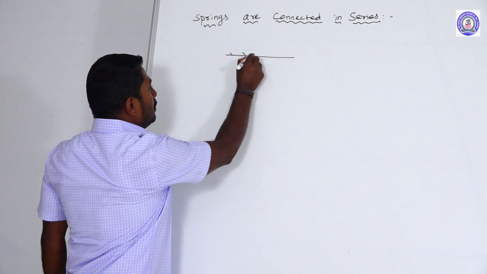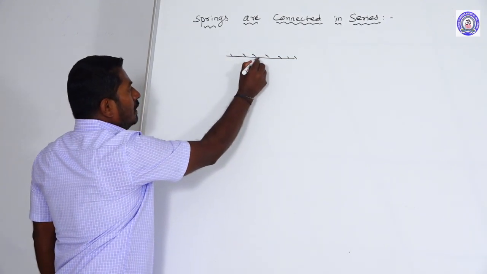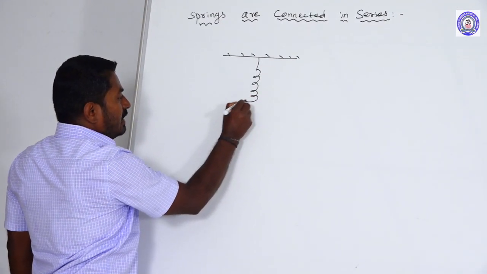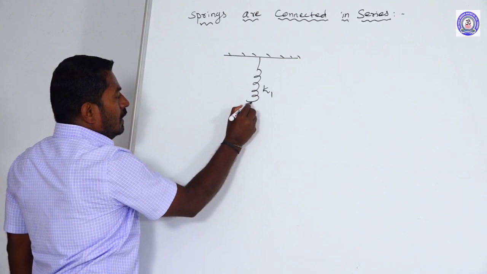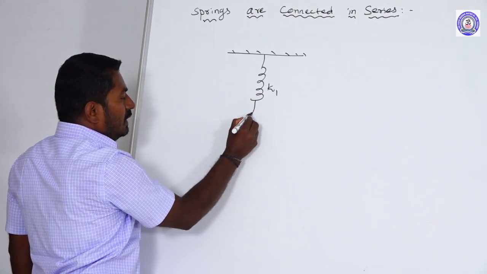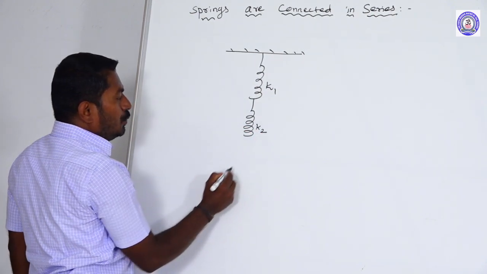This is a rigid support. Let us consider two springs. One end of the first spring is tied to the rigid support and has a spring constant K1. The lower end of this spring is connected to the top end of another spring with spring constant K2.